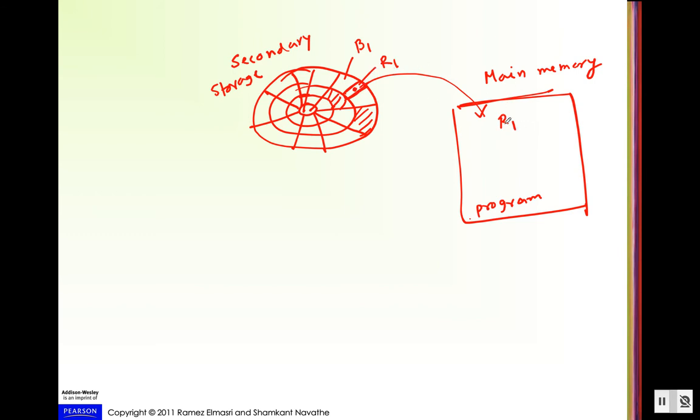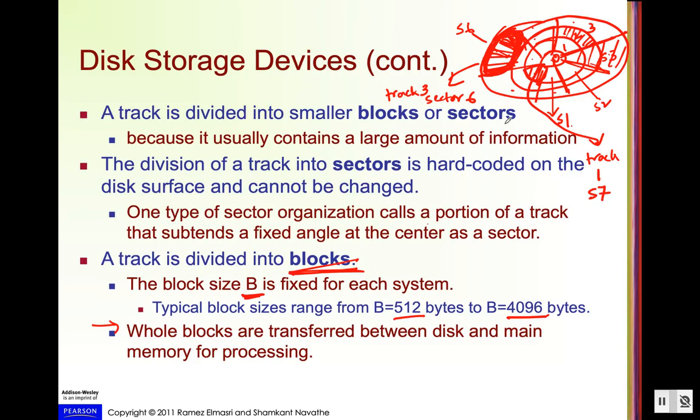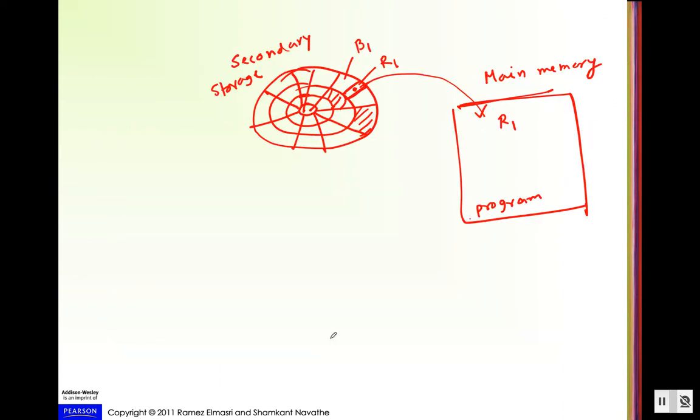Now in the DBMS, it fetches the whole block. For example, if I need R1, the database system is not going to fetch only R1 into main memory. It is going to fetch the whole block B1 to the main memory.